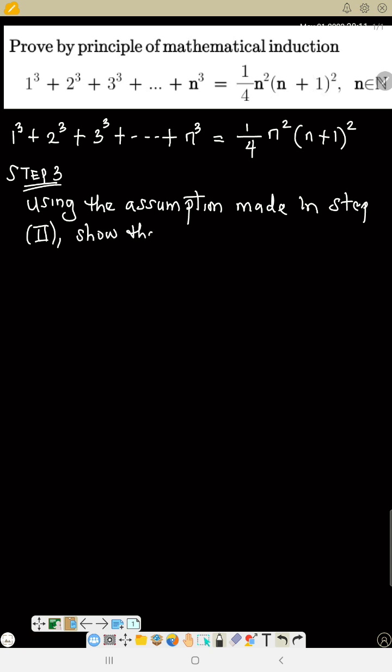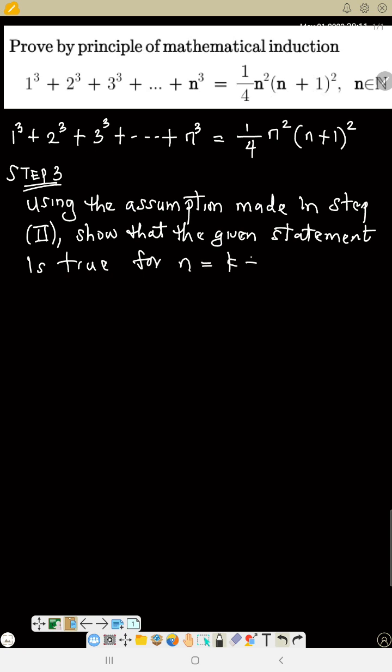show that the given statement is true for n equals k plus 1.